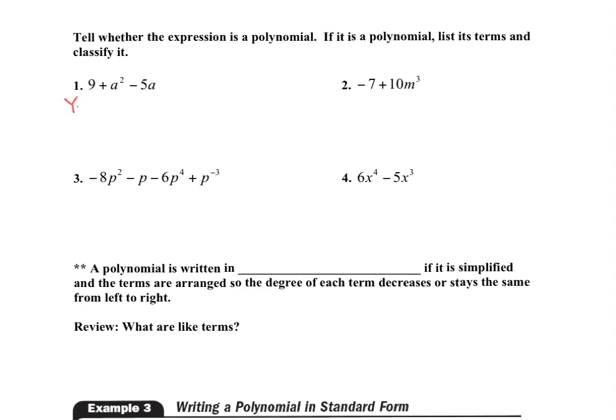So I'm first going to write yes, a polynomial. All right, then I need to list its terms. These would be 9, a squared, and negative 5a, because remember, wherever there's subtraction, I need to turn it into addition. This has 3 terms, so I can call it a trinomial.